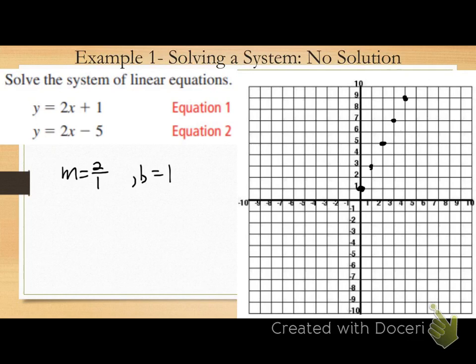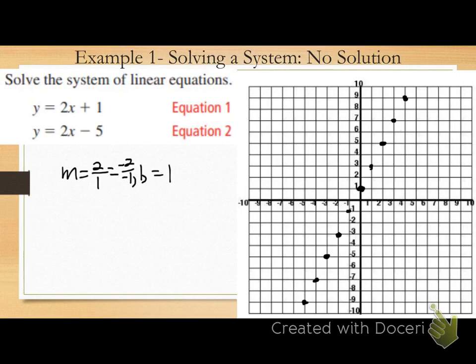Is that as many points as I can fit? No. What other two directions can I go? Down 2, left 1. And we're able to do that because we can change both the signs of our numerator and denominator.